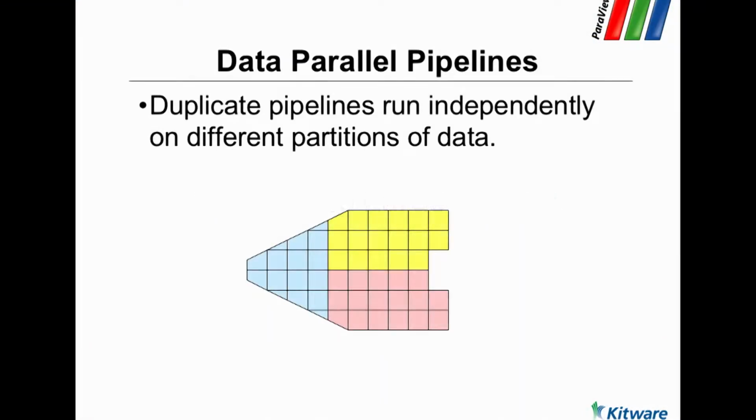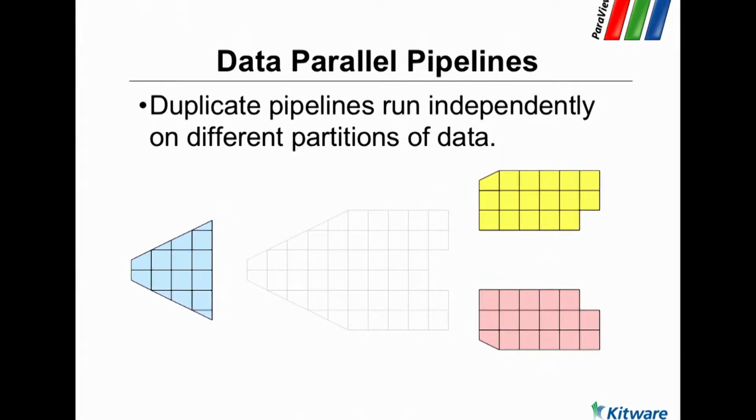Okay, so the way parallel visualization works is you split your data into these individual pieces and you run the visualization pipeline on different nodes and basically do your processing on those individual pieces.